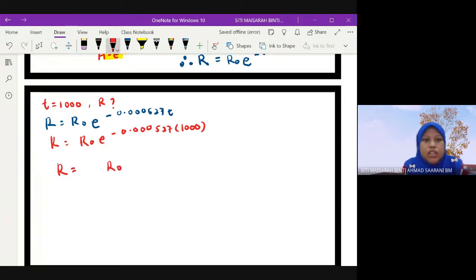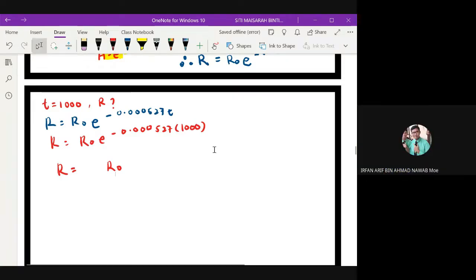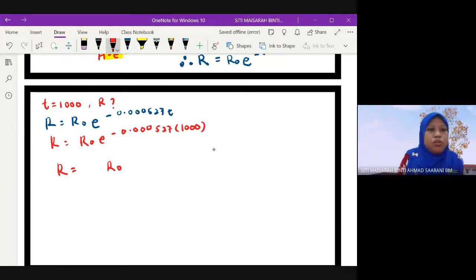E kuasa negatif 0.0000527 darab dengan 1000. Dapat berapa? Bundarkan kepada 0.59049 tu, dia akan dapat 0.59 kat sini. Okay. So jadi R kita is 0.59 R naught.